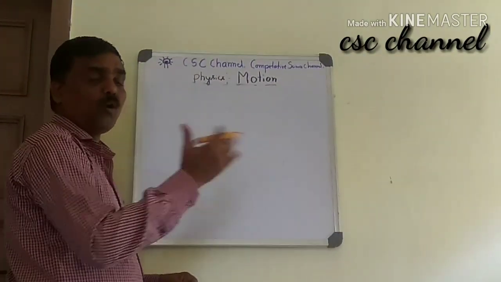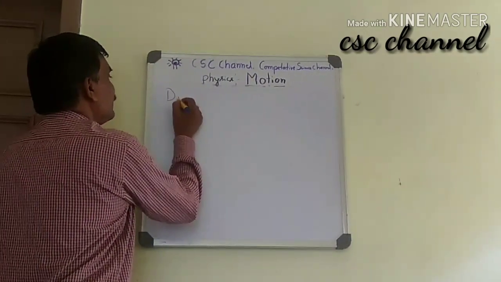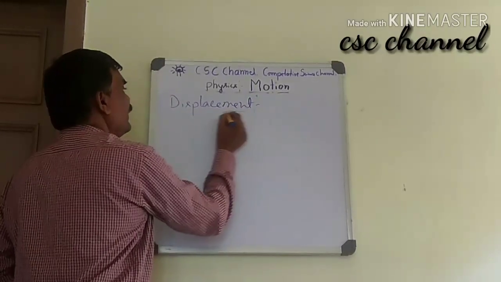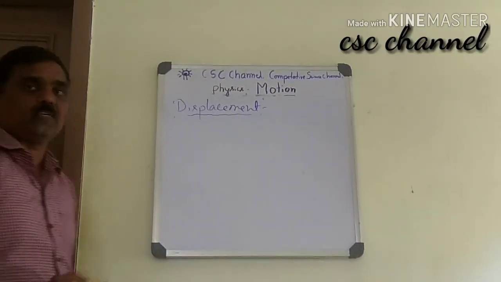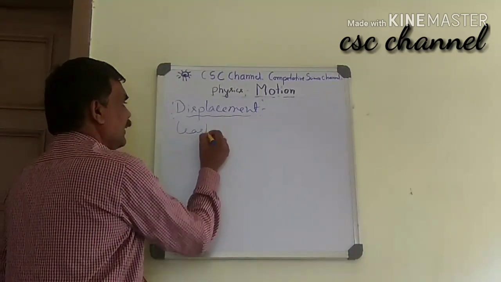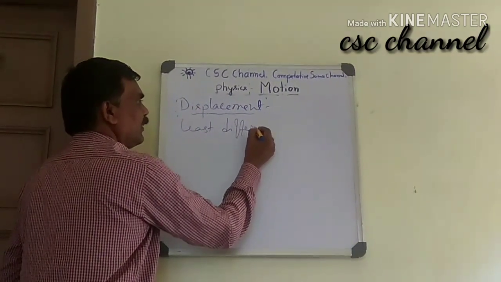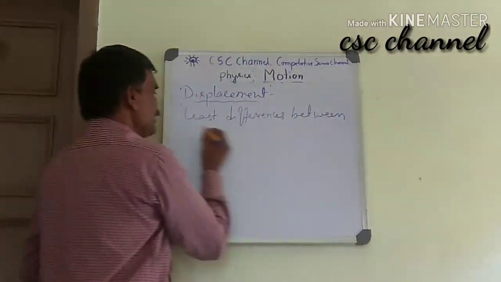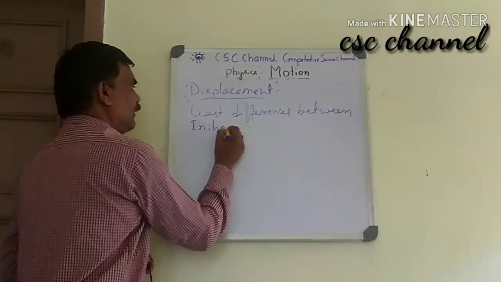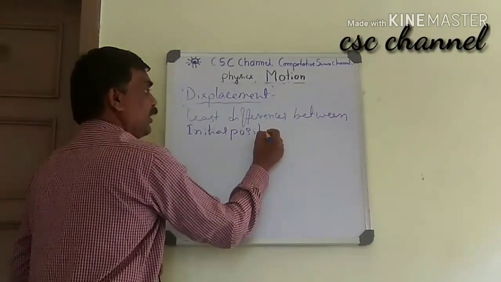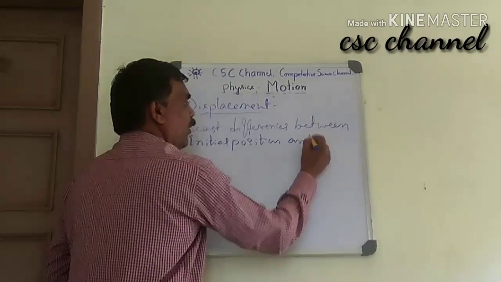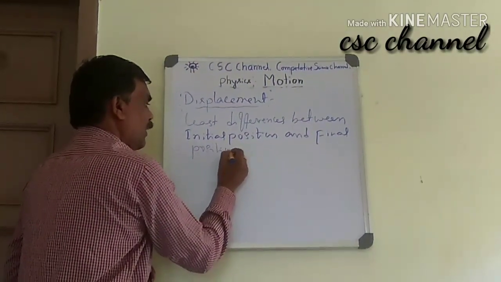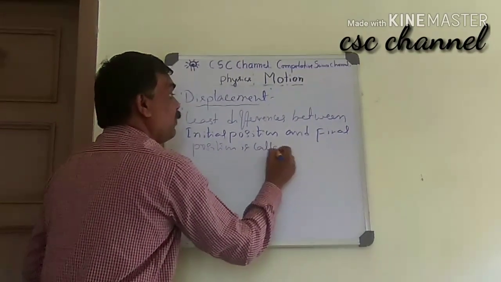Another parameter of motion is displacement. What is meant by displacement? The least difference between initial position and final position is called displacement.